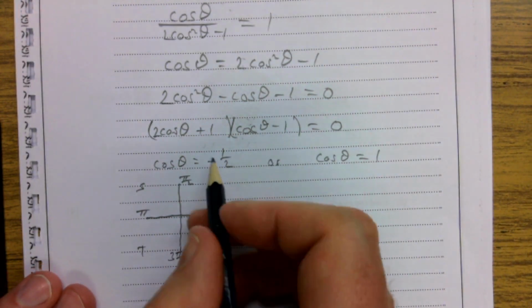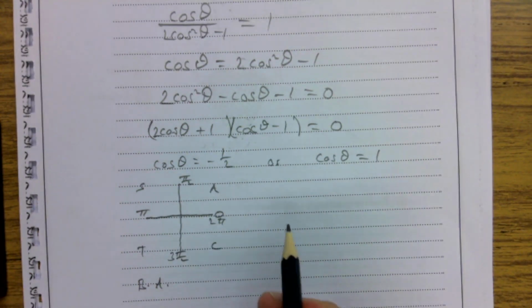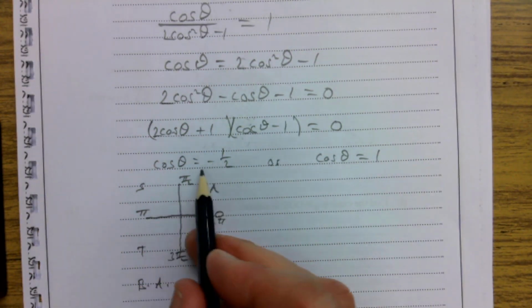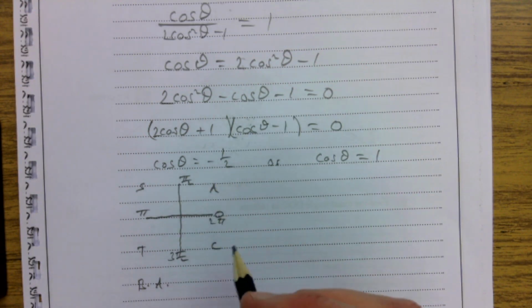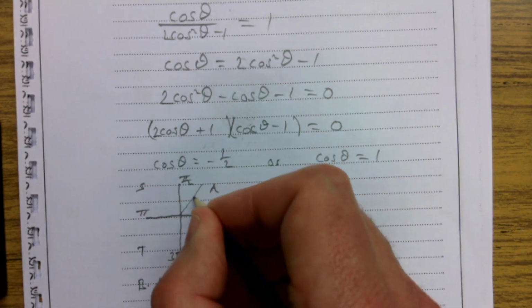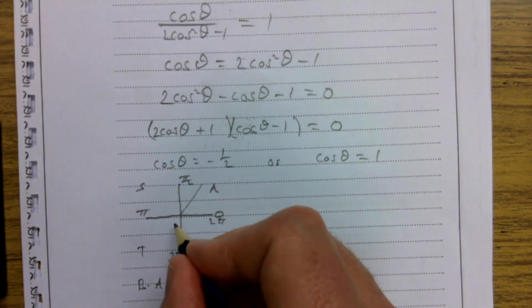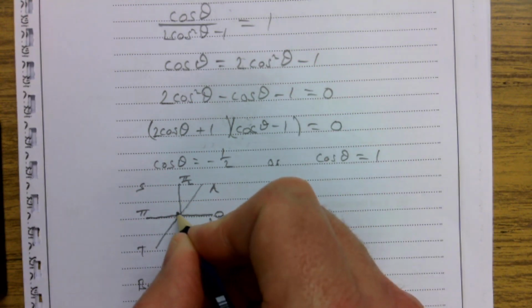And we want to find our basic angle, and maybe we should have done that above. So our basic angle, again, people do this different ways. I get rid of the minus and do cos inverse of a half, and that would give me 60 degrees, but in this scenario it's going to be pi over 3. But I want to know where cos is negative, so cos is going to be negative here and it's going to be negative here.